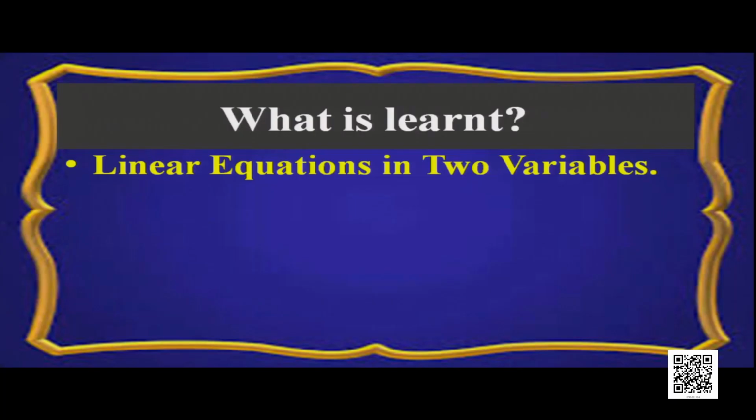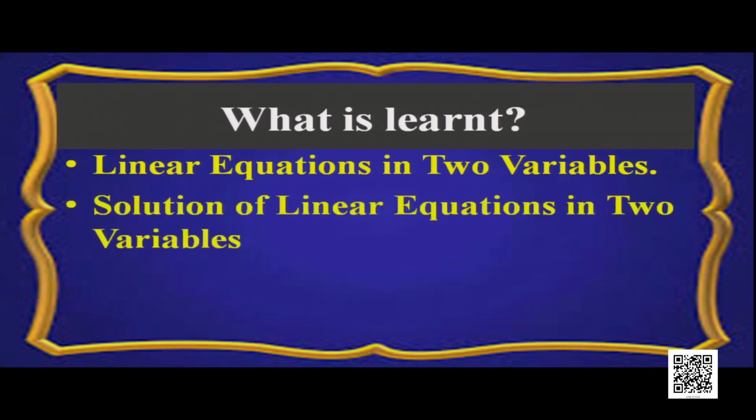Linear equation in two variables, as we discussed, any equation in the form of ax plus by plus c equal to 0 is said to be a linear equation in two variables, and the solution of a linear equation in two variables is the values of the variables x and y for which the equation is satisfied.